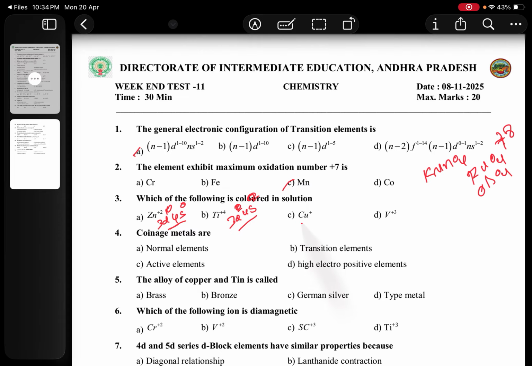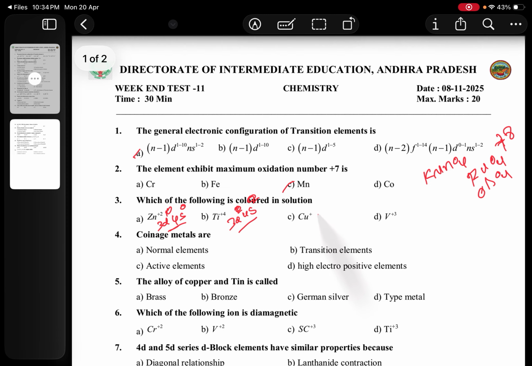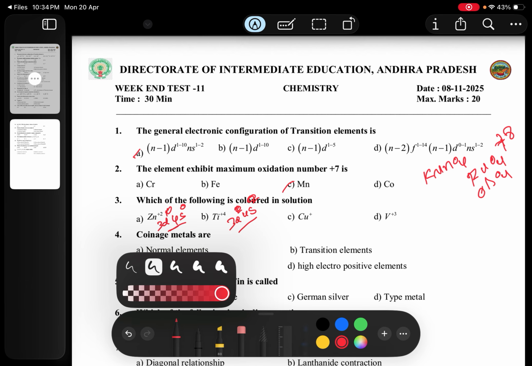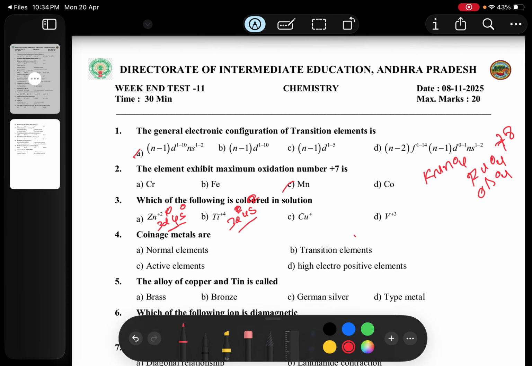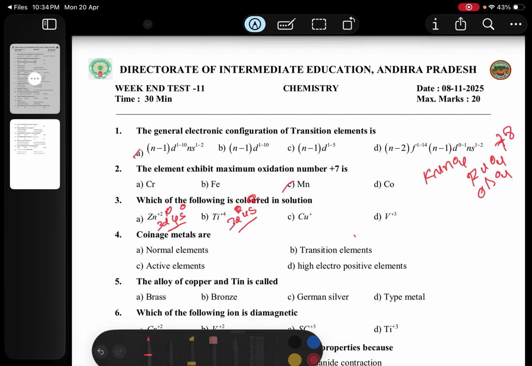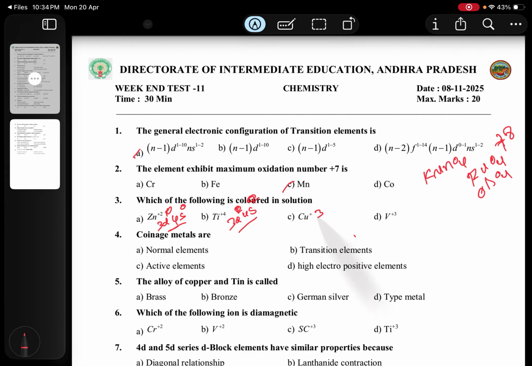Next, option C, copper Cu plus. Atomic number of copper is 29, so 3d10 4s1, plus 1 means 4s0. It also contains a completely filled d orbital, so no unpaired electrons, so it also cannot exhibit color.